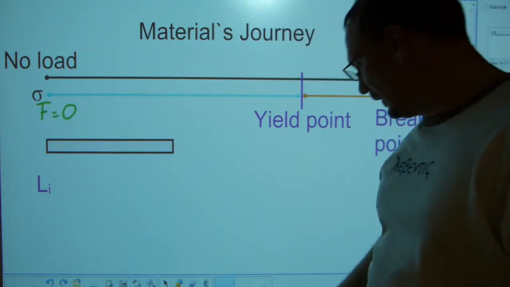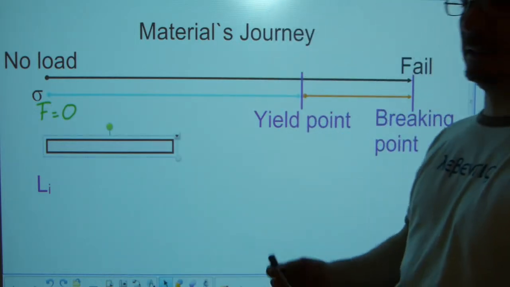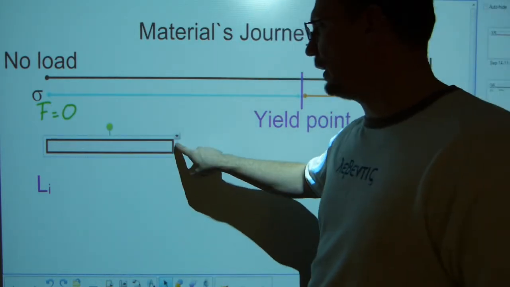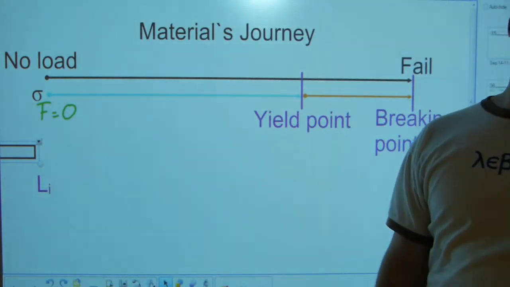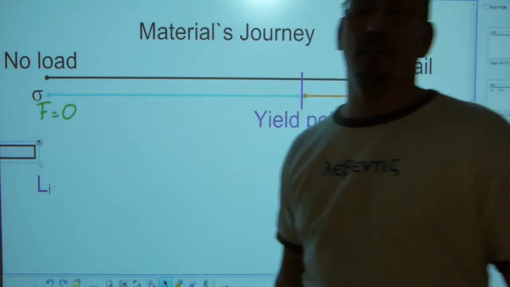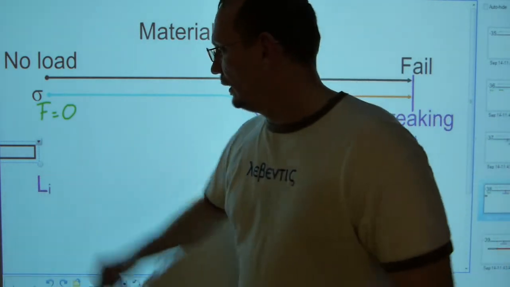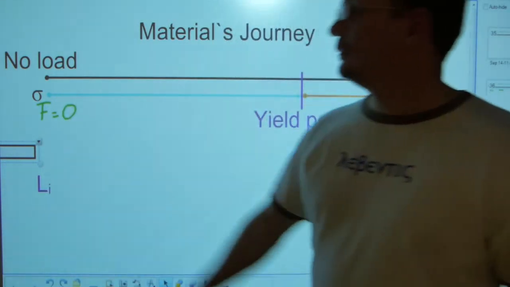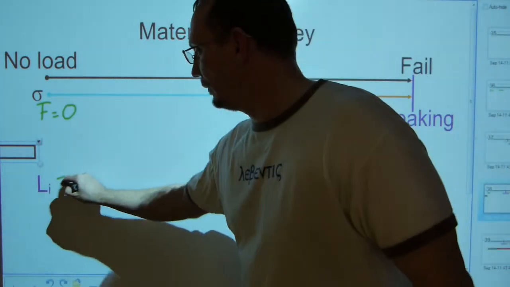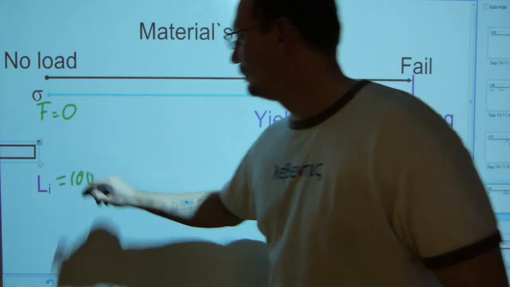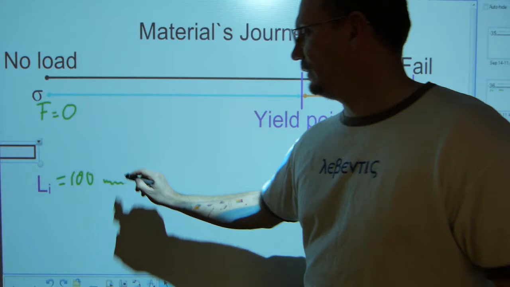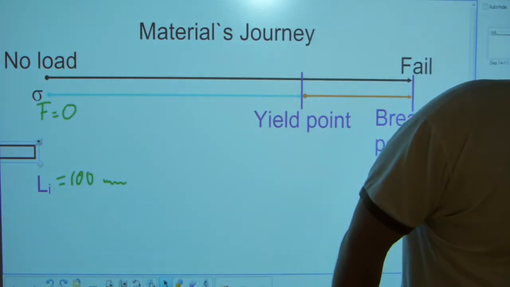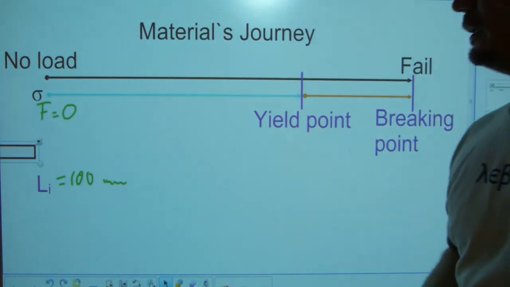I have here this rectangle that represents this eraser or any object. So it's initial length, and this is why I use this rectangle. Whatever its initial length is, it's a number. I don't know, 100. 100 anything, 100 millimeters, 100 inches, 100 miles, 100 spaceships, it doesn't matter.